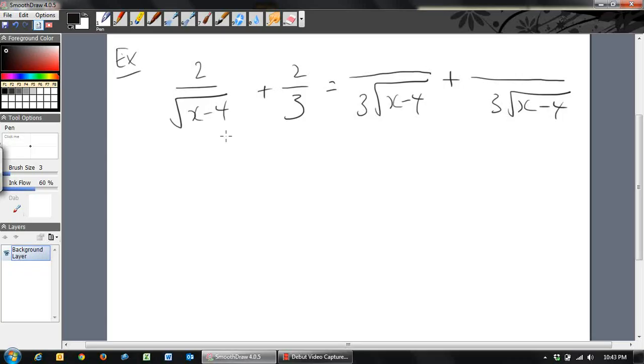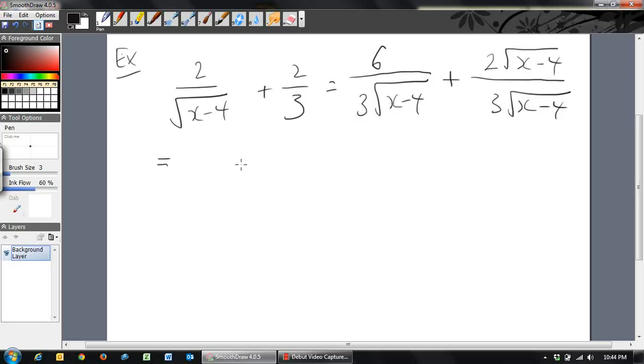Okay, what have we done to this side? We've multiplied it by 3. So I need to multiply the top line by 3. 2 times 3 is 6. Okay, so I've sorted that out. What have we done here? We've multiplied by the root (x minus 4). So we have our 2, and we've multiplied it by root (x minus 4). So I need to do it to the top line as well.